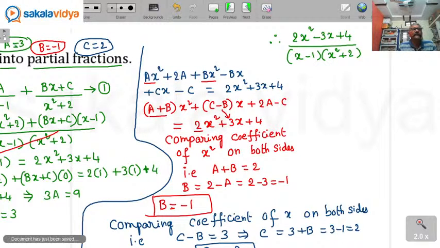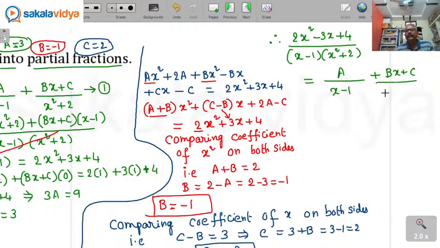See, the partial fractions we can write now. This equals a upon x minus 1 plus bx plus c upon x square plus 2. See, the a value is 3, so we can write 3 upon x minus 1. The b value is minus 1, so plus of minus x. C is 2 upon x square plus 2.